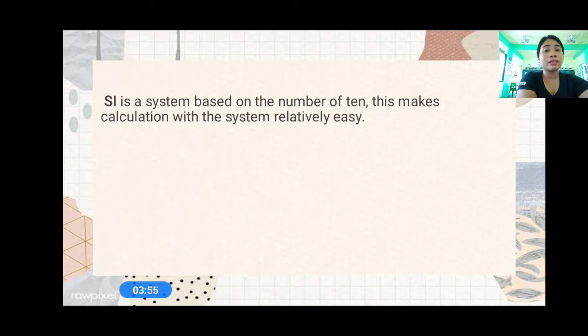This makes calculation with the system relatively easy. So, the International System of Units or SI is always based on the number of 10, because this makes calculation with the system relatively easy.